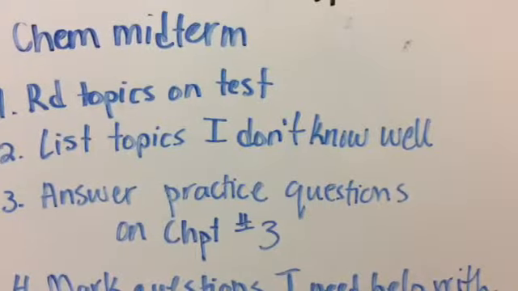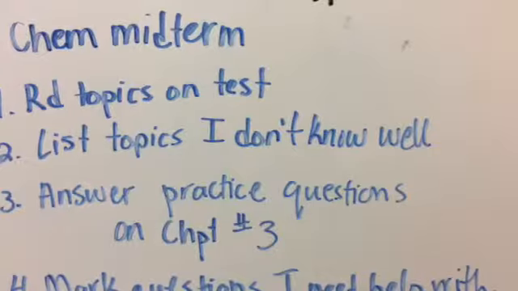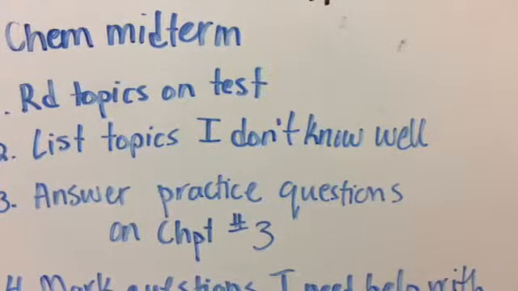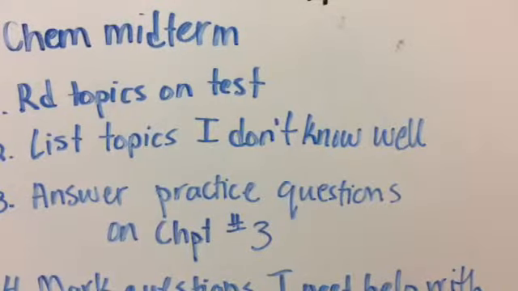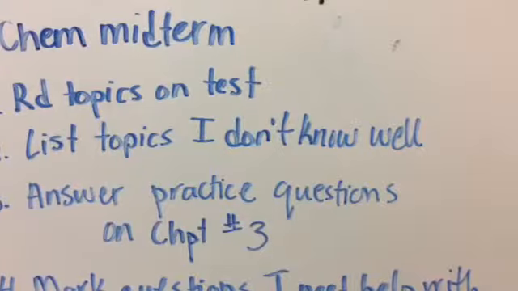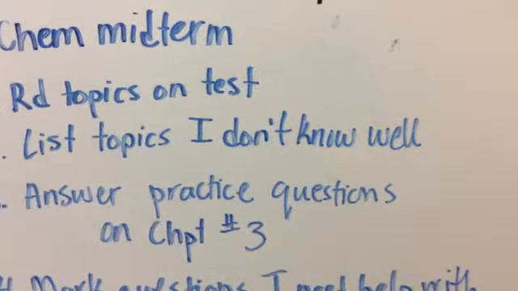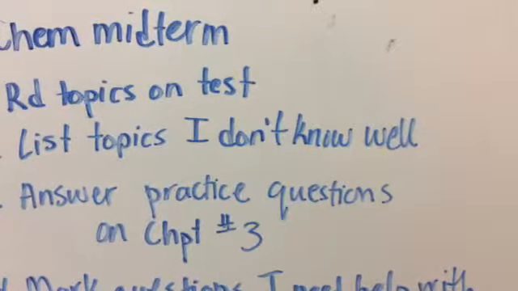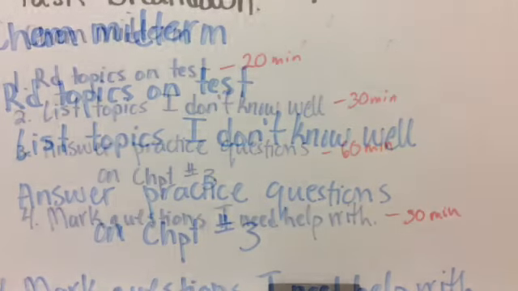And maybe chapter 3 is hard for me, so I'm going to answer chapter 3 practice questions to see where I stand. Then I'm going to make a list of the questions so I can get help at the Skill Center. Okay, so I want you to take the big task of studying for the chem midterm, break it down into little bitty bite-sized action steps, and you're going to carry that through all the way to the end, okay?